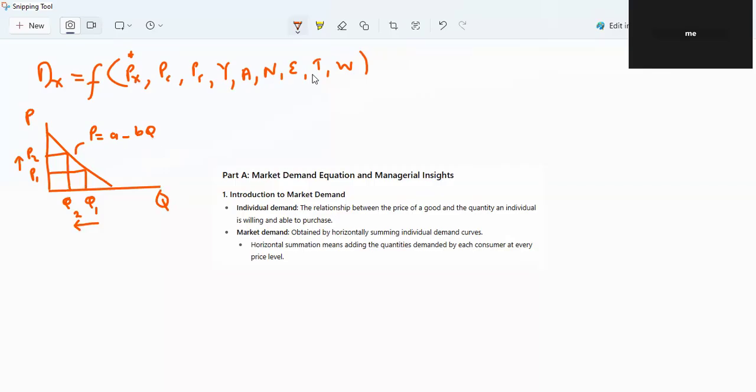And we've talked about the factors that affect demand. We also have supply. Supply is upsloping, and the law of supply simply states that for any normal good, if the price goes up from P1 to P2, the quantity supplied will also increase from Q1 to Q2. This is showing what we call a positive relationship.